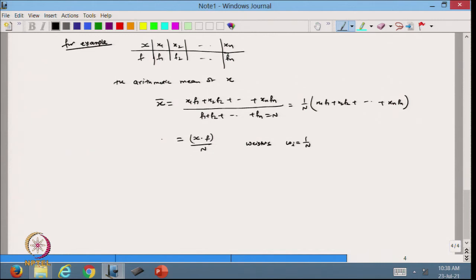So, we can find the arithmetic mean with the help of the weights, 1 by n. This is a weighted dot product we take whenever we have numerical data and its frequencies, and we want to find the mean. This is one way to find it.